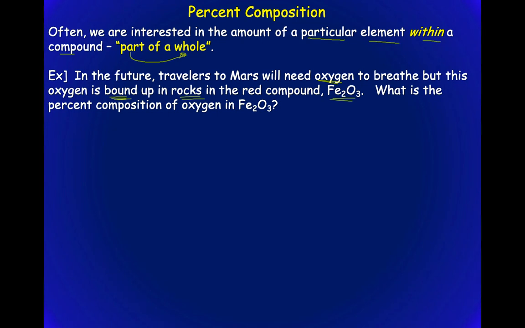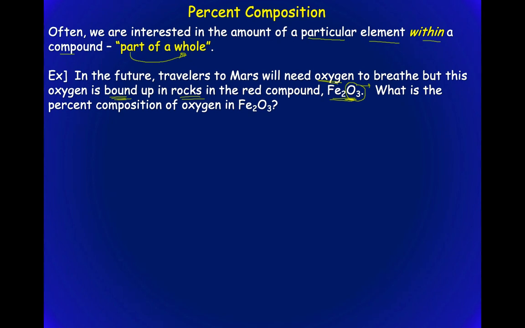Basically the surface of Mars is coated with layers and layers of iron oxide, and there is oxygen in the iron oxide. Of course, you can't breathe the iron oxide. You need to breathe oxygen. So we have to find a way to get a certain amount of this iron oxide and take the oxygen out of the compound, and we would need to get enough of it so that we could create an atmosphere.